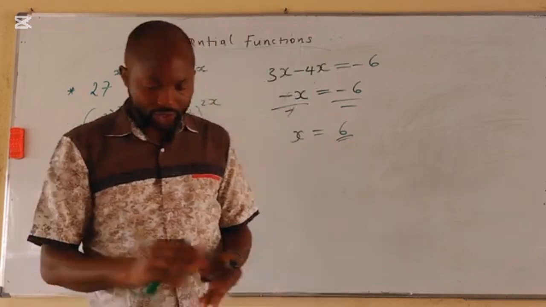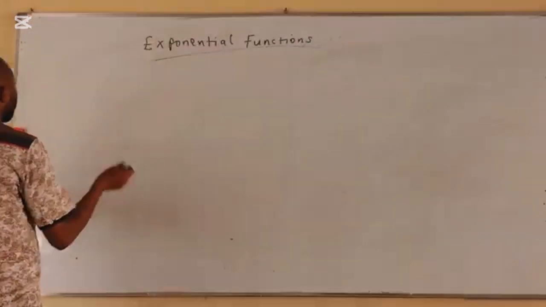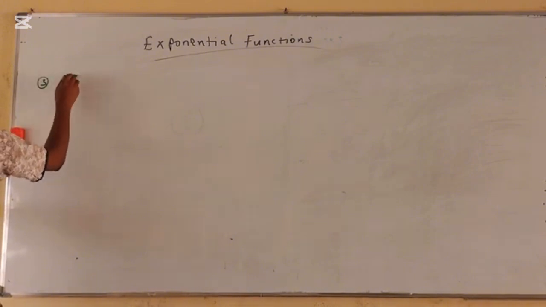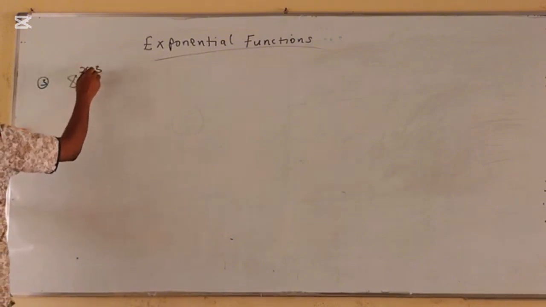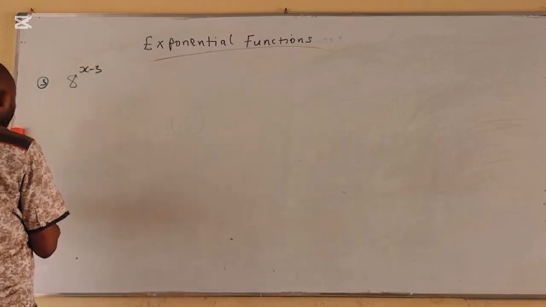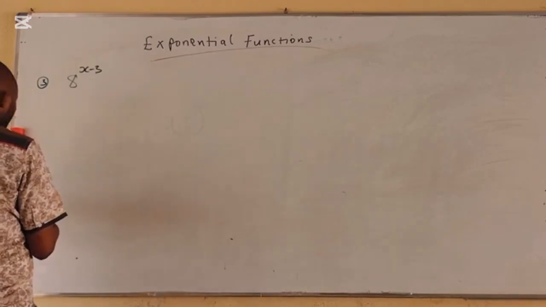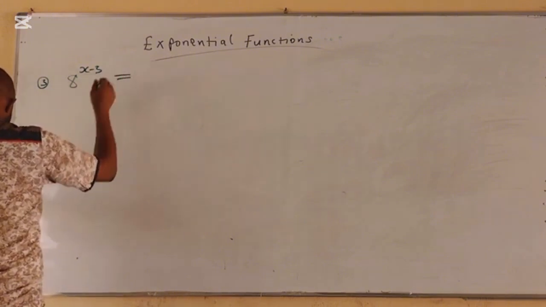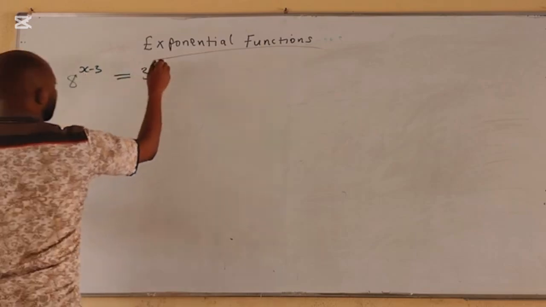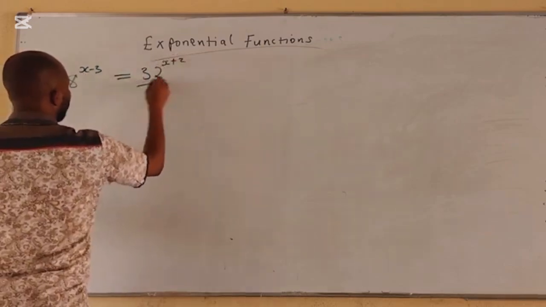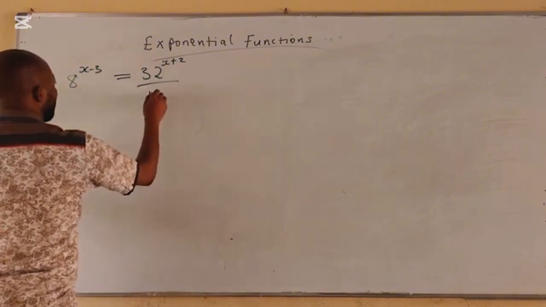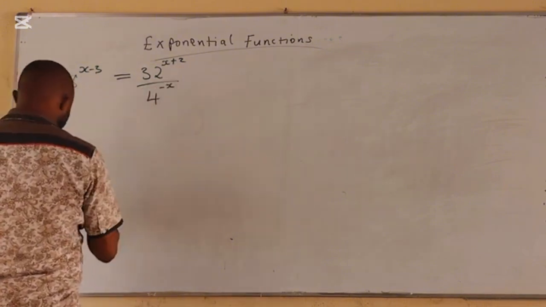Okay, let's take another question. 8 raised to the power x minus 3 is equal to 32 raised to the power x plus 2 over 4 raised to the power minus x.